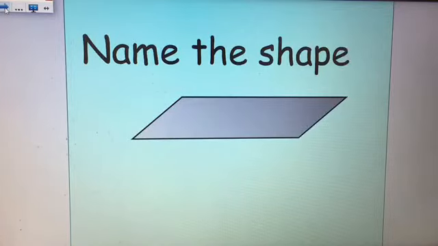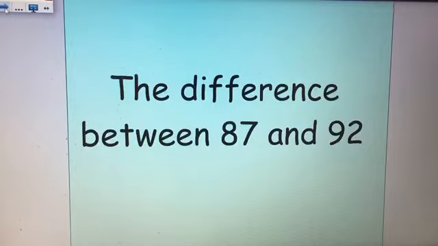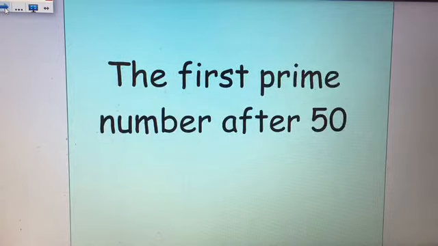Name the shape. Parallelogram. The difference between 87 and 92 is 5. The first prime number after 50 is 53.